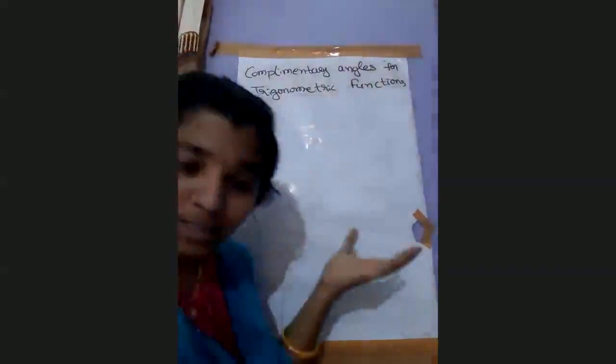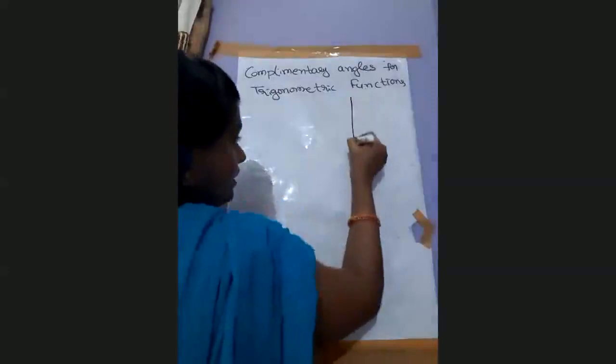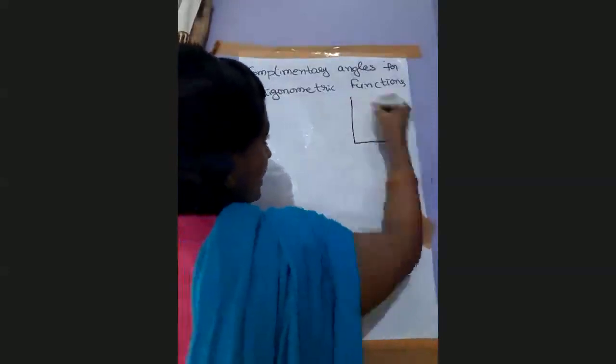We know about the trigonometric functions, and we are well acquainted with the complementary angle. So what is the meaning of complementary angle? Can anyone say that? Do you remember it?